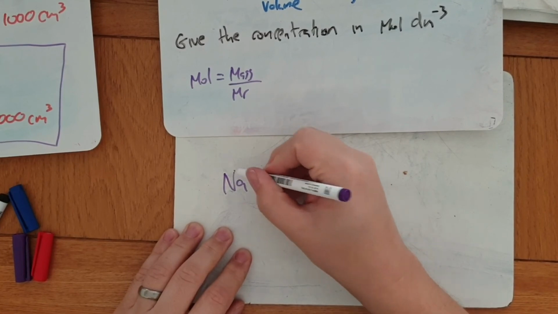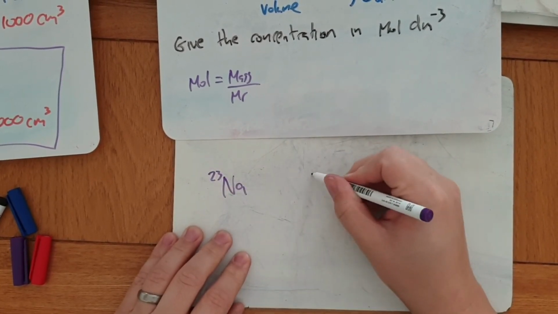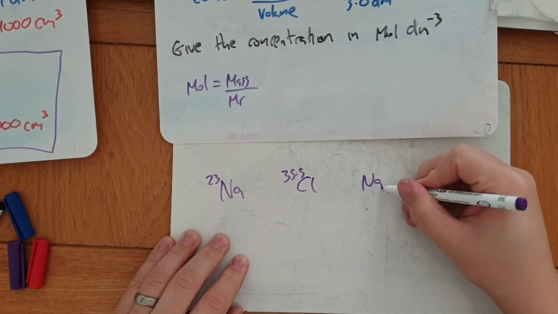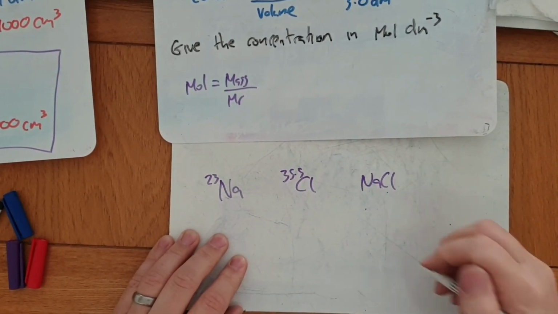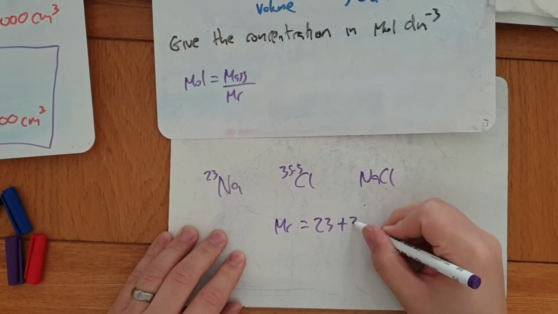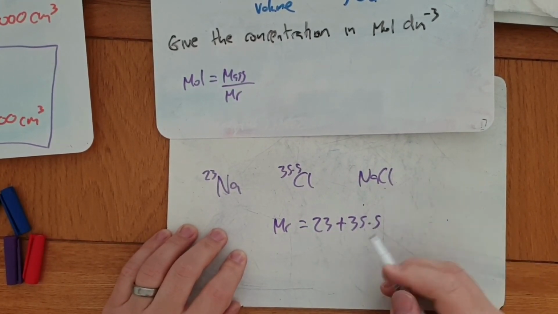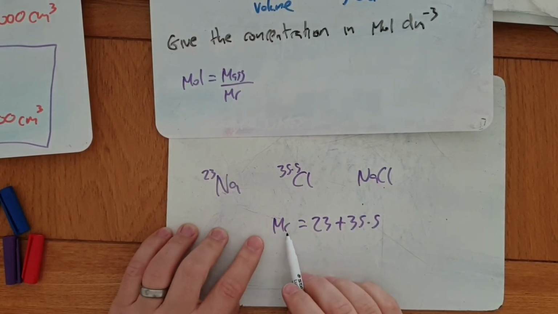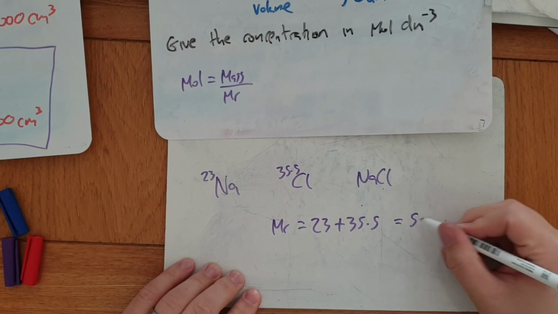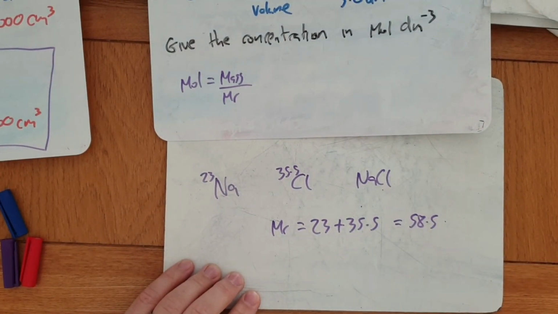So sodium, Na, has an atomic mass of 23. Chlorine is 35.5. So NaCl has an MR of 23 plus 35.5. If you don't understand how to work out the relative formula mass, then please ask me, because that's a separate video, but that would be 58.5.